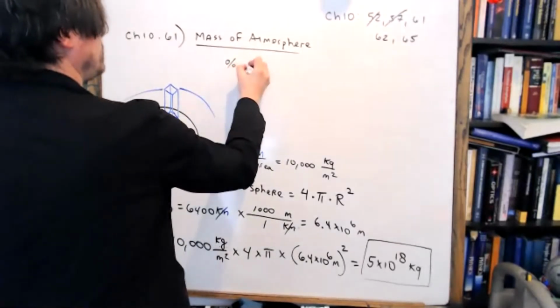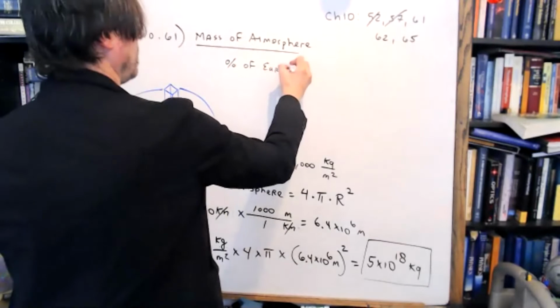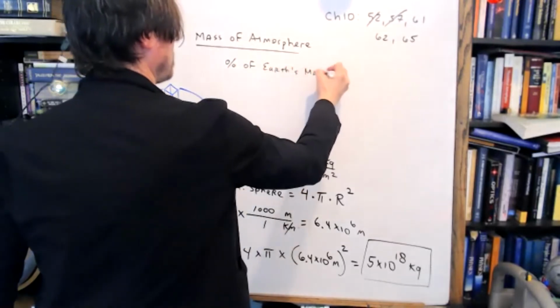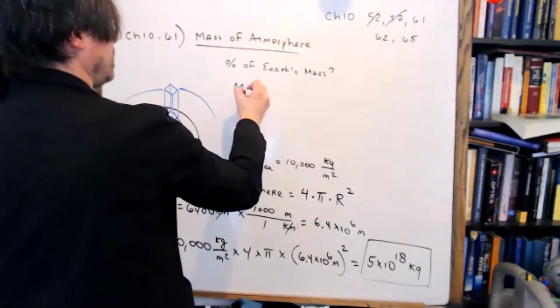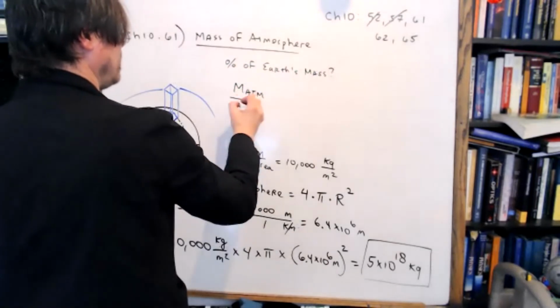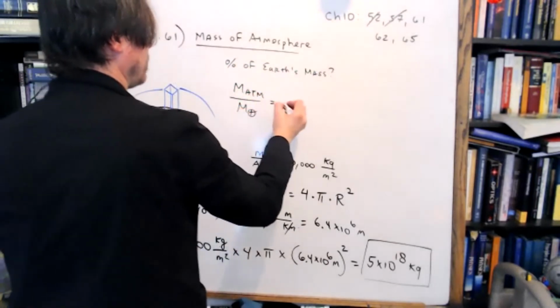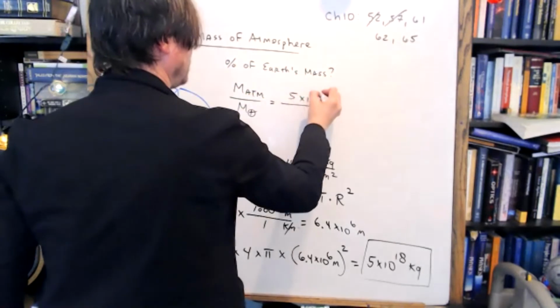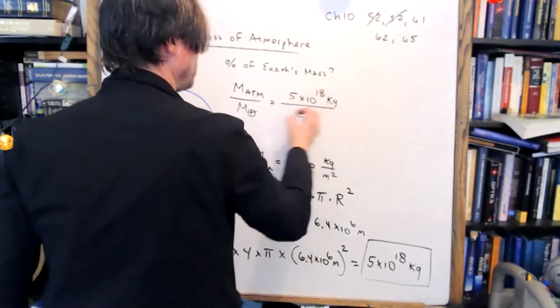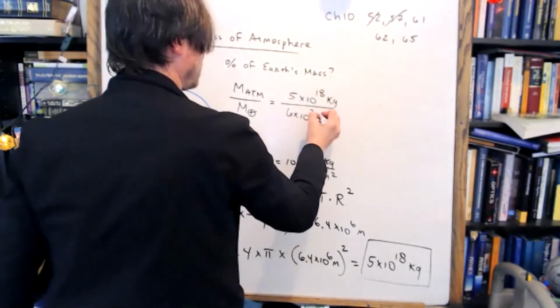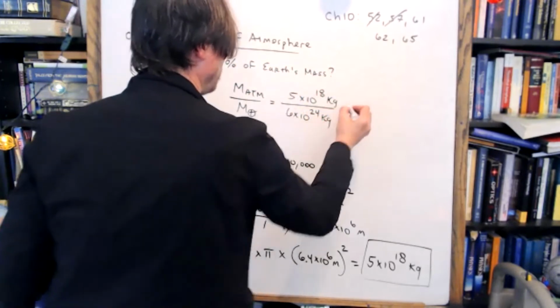The percentage of Earth's mass that is atmosphere: the mass of the atmosphere divided by the mass of the Earth, 5 times 10 to the 18 kilograms over 6 times 10 to the 24 kilograms.